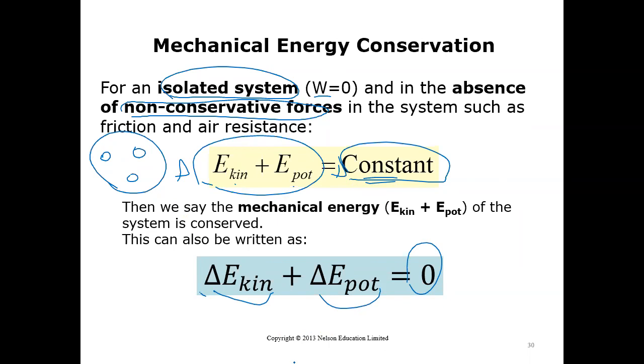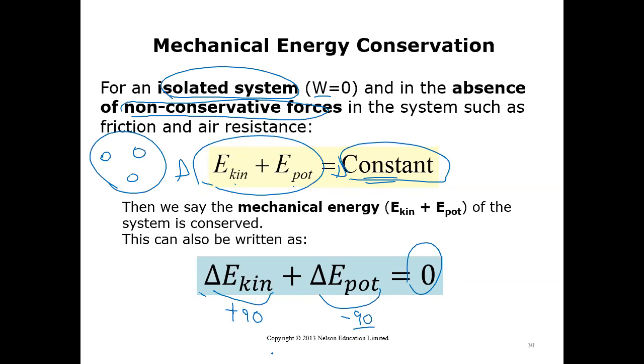Like in our example, we saw that there is a change of minus 90 in the potential energy, because final is 10, initial is 100, and 10 minus 100 is minus 90. So the potential energy decreased, but it is accounted for by the same amount of increase, the plus 90, in the kinetic energy, because 0 became 90.